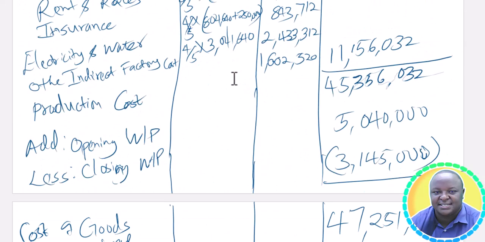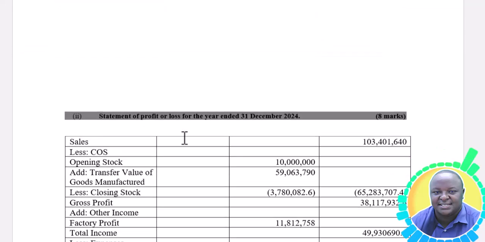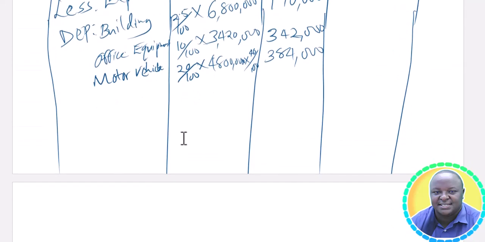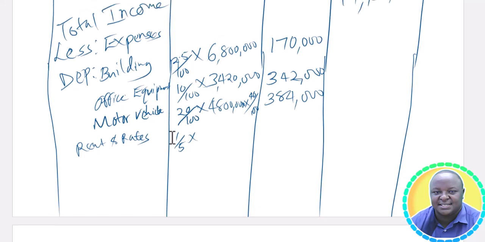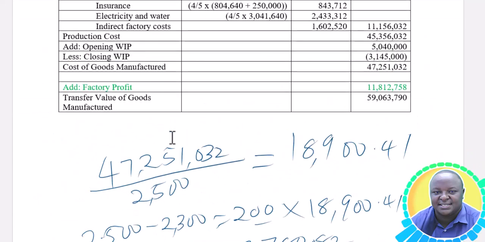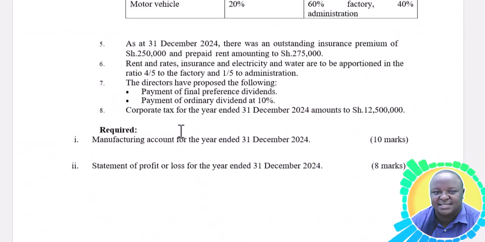So we'll use 1/5 of the rent and rates for administration. But remember, in the rent and rates, there's an adjustment from the additional information.